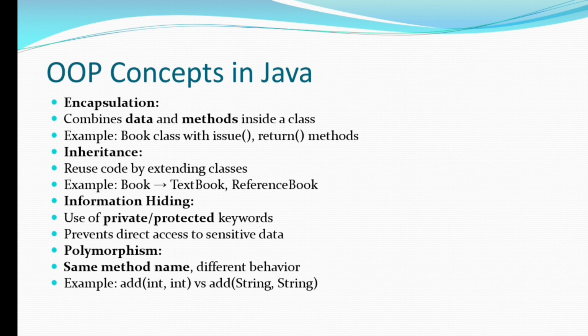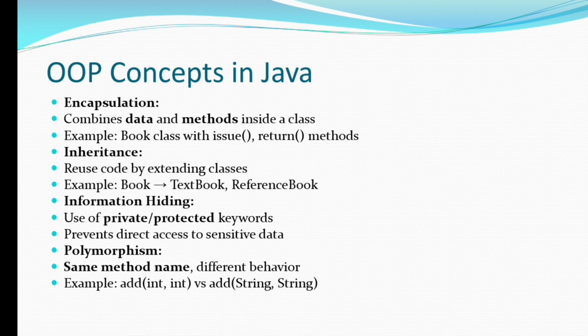Here is an example of a book. When you take a book class, if you take a book from the library, the book may be issued or you are returning that book. These are two methods, whether to give or to return, and they are related to that book class. Attributes are book name, book reference, book author, and book edition.